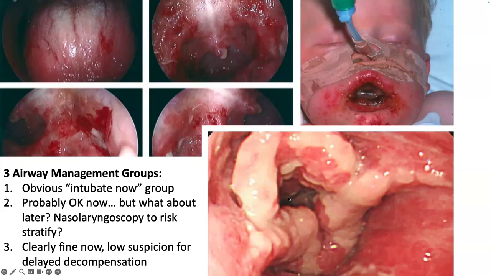So I apologize for the somewhat gruesome photos. You can see here you have someone's tongue, the oropharynx, uvula, and you can see how there are just these really hemorrhagic, nasty looking erosions caused by caustic injury.